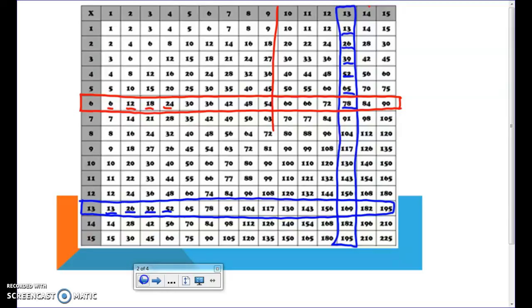Or 10 even. Every number in this column is a multiple of 10, because 10 multiplied by 1 would be 10, 10 multiplied by 2 would be 20, and so on. So each set of multiples is found in your multiplication chart, and they're just the numbers that you can multiply the factor by.